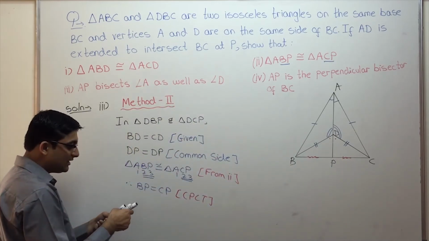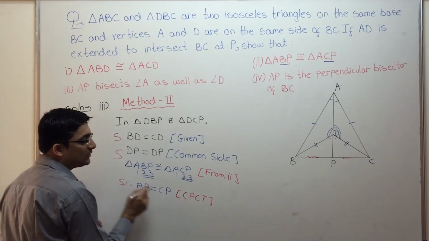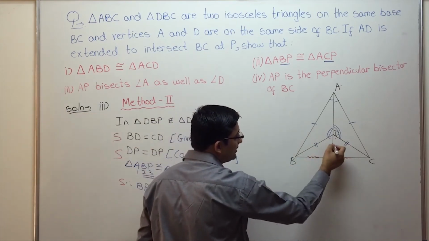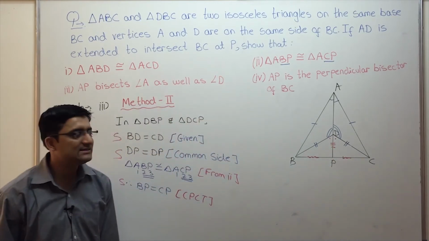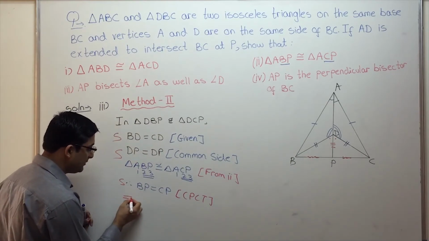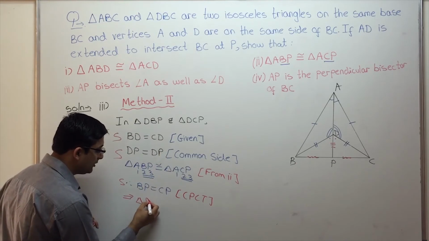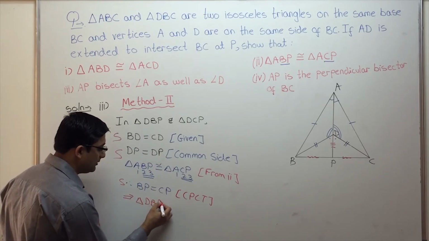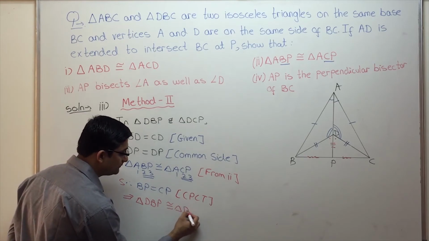So which criteria have we used? Basically we have shown in these two triangles all the three corresponding sides are equal. That is, this is equal to this. This over here is a common side and this is equal to this. So by SSS condition, the two triangles are congruent. So I'll write over here, this implies triangle DPB or DBP is congruent to triangle DCP, right?